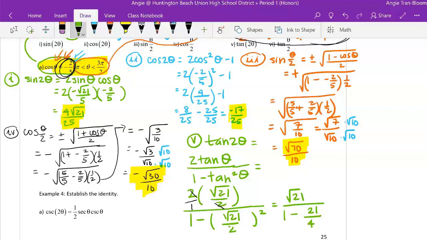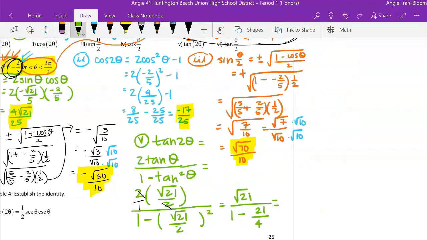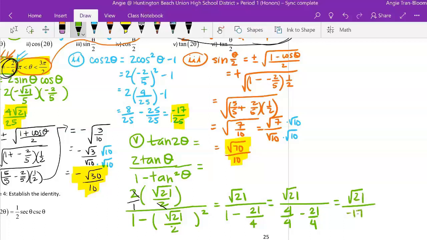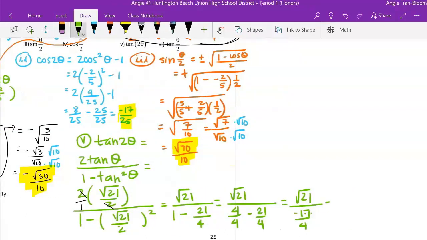Then from here, I'm going to attempt to find a common denominator. Okay, so now it's going to be root 21 still on top, all over 4 over 4 minus 21 over 4. So now root 21 on the top still, all over 4 take away 21 is going to be negative 17 over 4. Now when you're dividing fractions, that's like multiplying by its reciprocal.